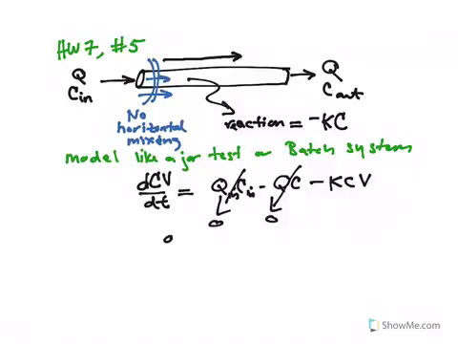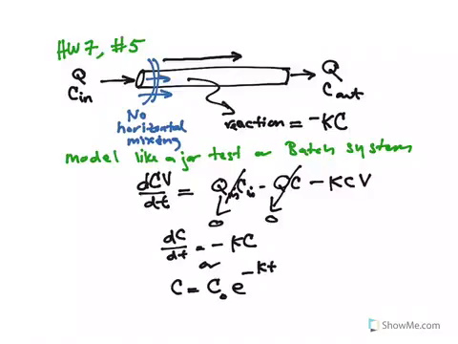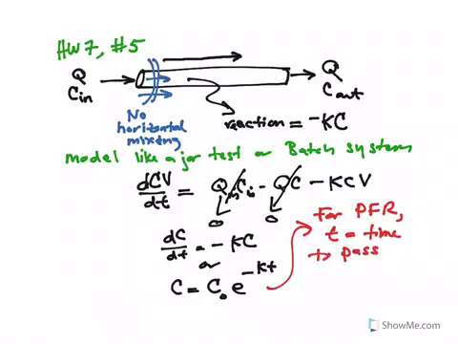And so then dC/dt is equal to negative Kc, or C is equal to C initial e to the negative Kt. Well, for a plug flow reactor, t is equal to the time to pass through.